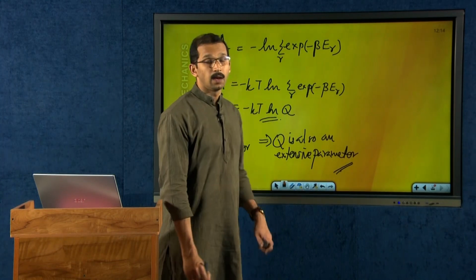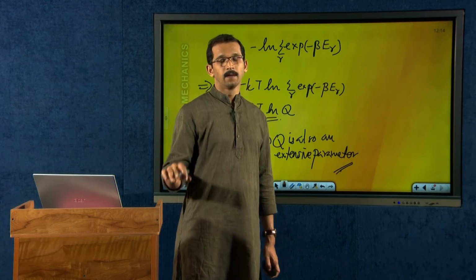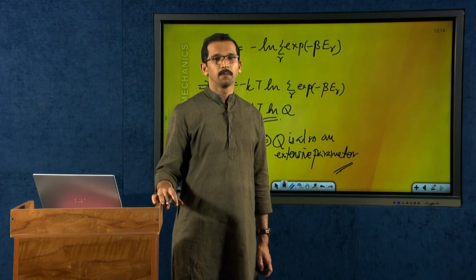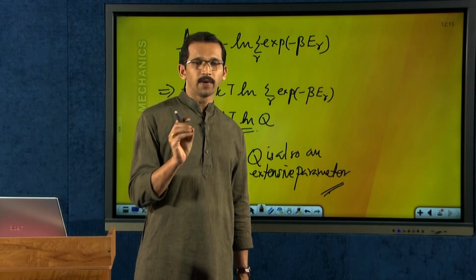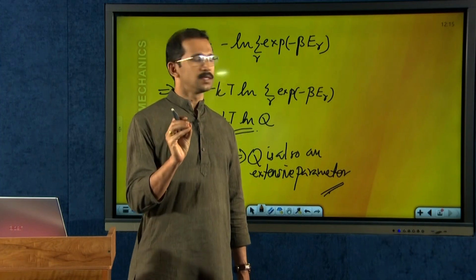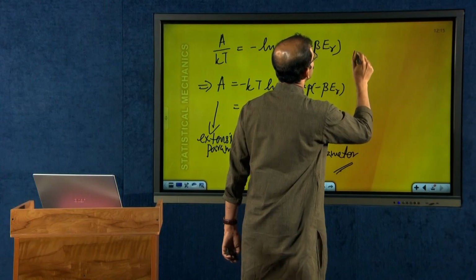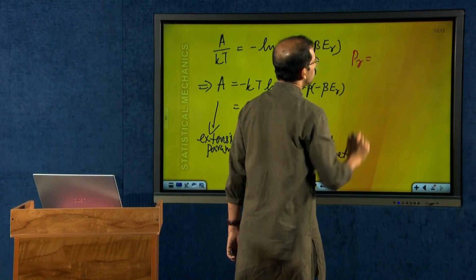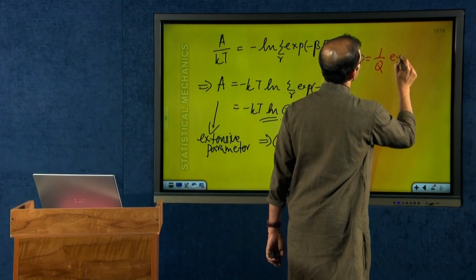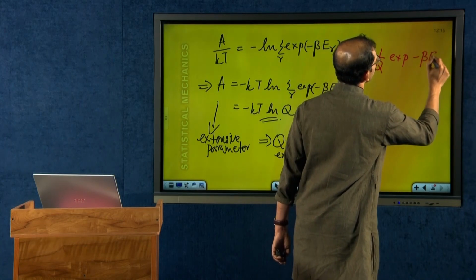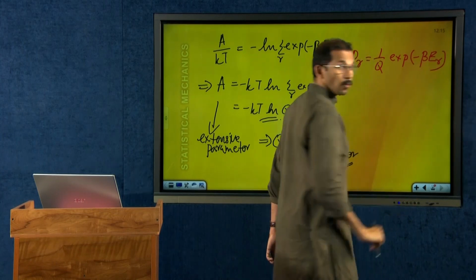Which is a very useful quantity, or useful information for me. From the discussion we know that we have defined the probability P_r as 1 by Q exponential minus beta E_r. So, this we know, right.